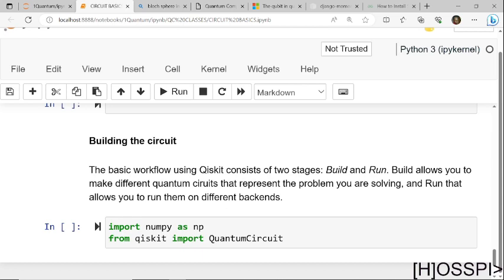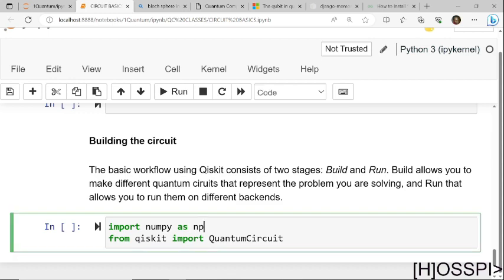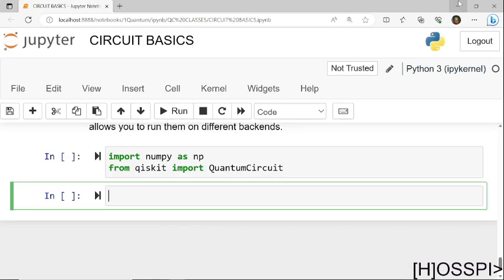So for us to have our qiskit running, you first of all have to import. You have import numpy as np, and also from qiskit import QuantumCircuit.